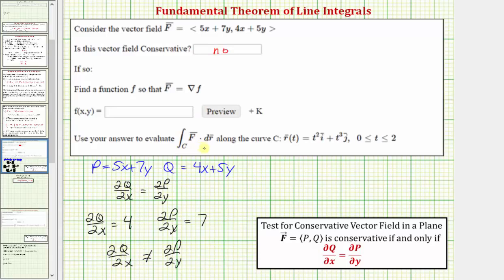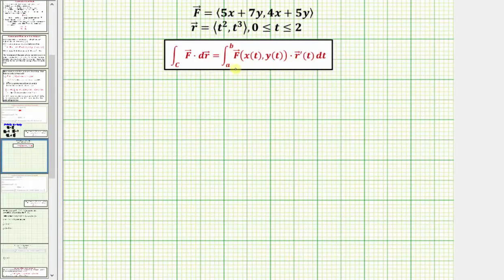Let's go ahead and show how we would evaluate this using this method here, where the line integral along the curve C of F dot differential r is equal to the integral from a to b of F of x of t comma y of t dot r prime of t dt. So we write F as a function of t using the parameterization of the curve given by r of t, and then differential r is equal to r prime of t dt.